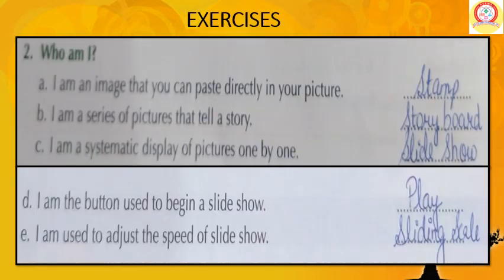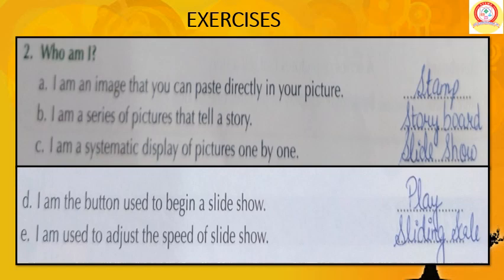Now let's move to question 2. Who am I? A. I am an image that you can paste directly in your picture. So what will come? Stamp. B. I am a series of pictures that tells a story. So what will come? Storyboard. C. I am a systematic display of pictures one by one.